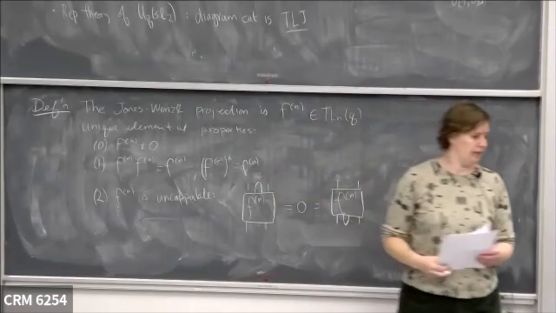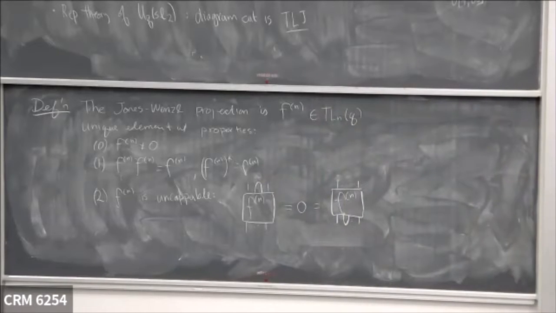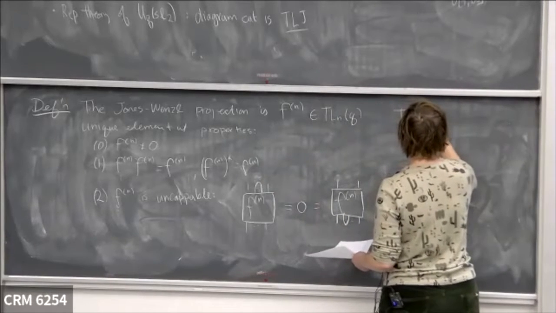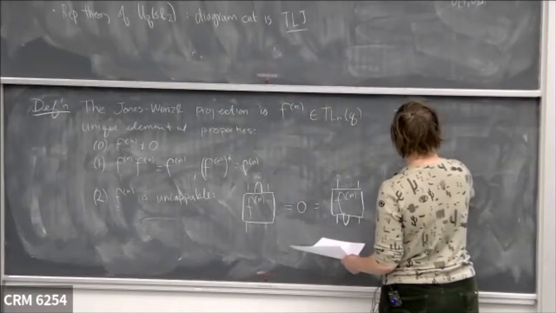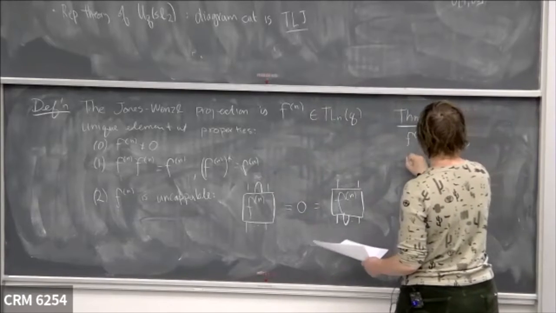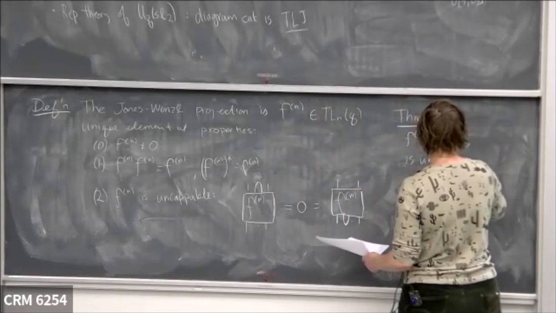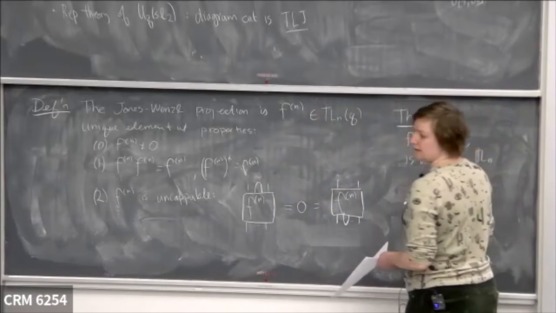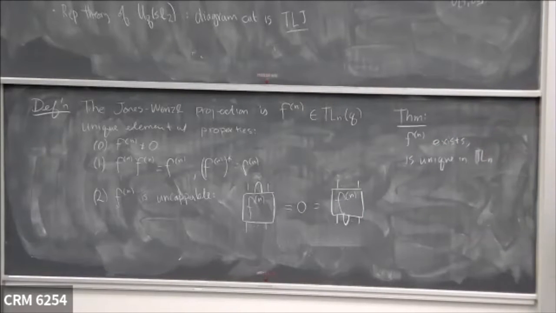Okay. I don't think time is going to allow me to even outline this, but let me just state the theorem is that F_n exists and is unique in TL_n. Yeah, I have this as a series of exercises, but I'm going to skip those.